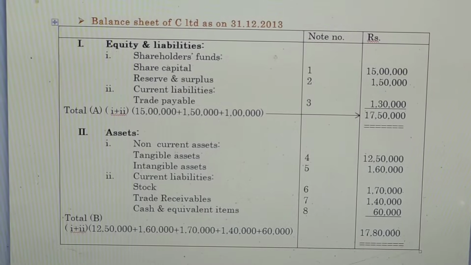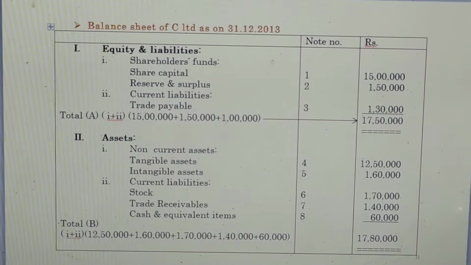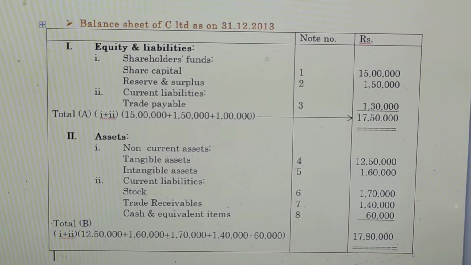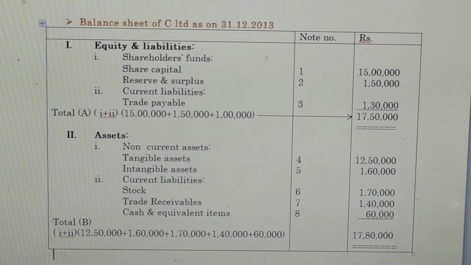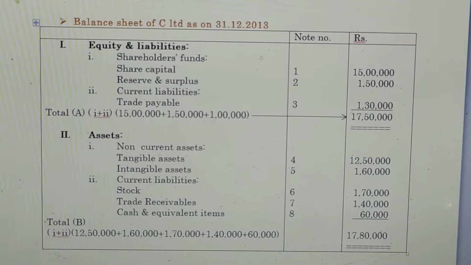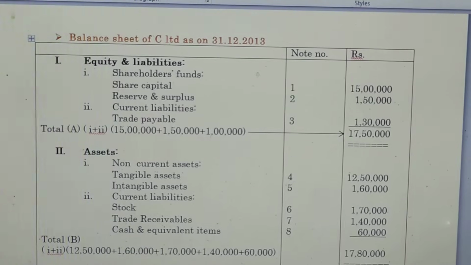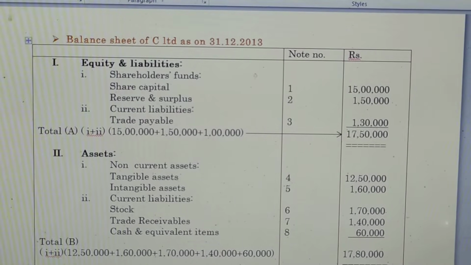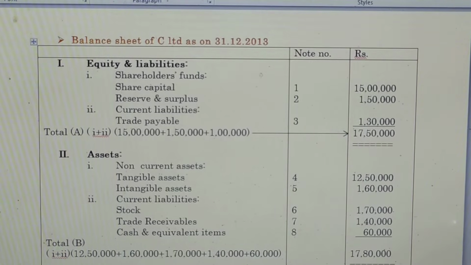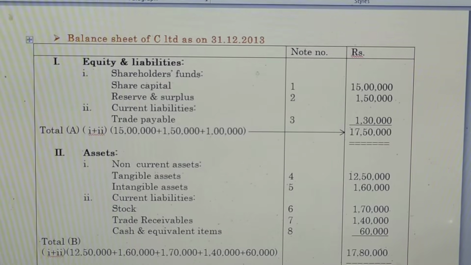Then we are going to prepare the balance sheet of C Limited as on 31st December 2013. So in the particulars column we have to mention equity and liabilities. Under the equity and liabilities we have to mention shareholders funds. Under the shareholders funds we have to mention share capital, that is note number 1 heading, and the note number 1 total is 15 lakhs, which we have to mention in the rupees column, and we have to mention reserve and surplus, that is note number 2 heading.